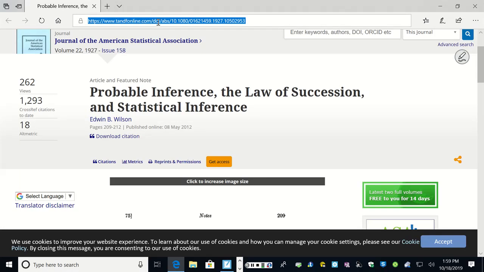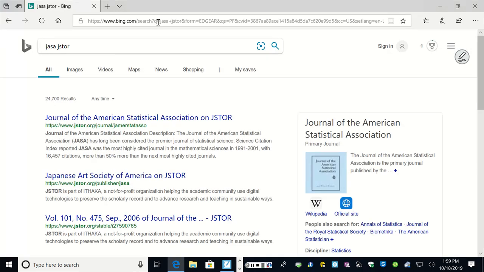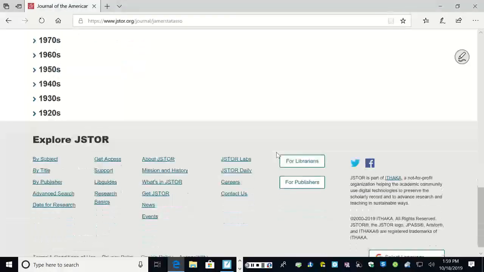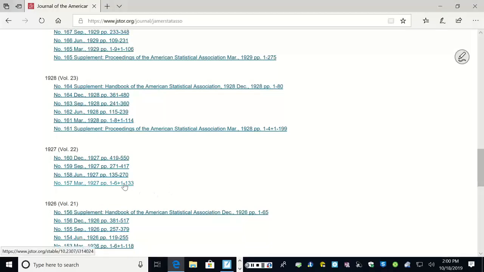JASA is the brief name for the Journal of the American Statistical Association, and JSTOR, which stores things, has the articles going back to the 1920s. This one was in the first one, based on the page number.